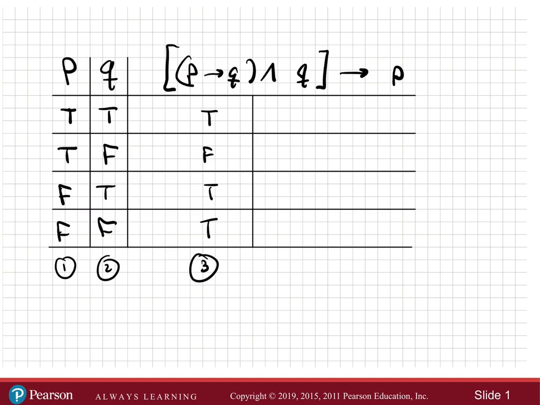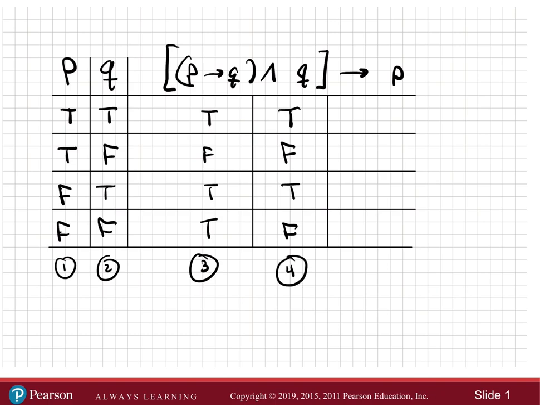Q, I guess. Okay, so we want to do the and. So we want to say column 3 and column 2. And is true only when they're both true. Otherwise, it's false. So then we ask ourselves, are they both true? Between 3 and 2, we're going to say yes, no, yes, no. That's our column 4.